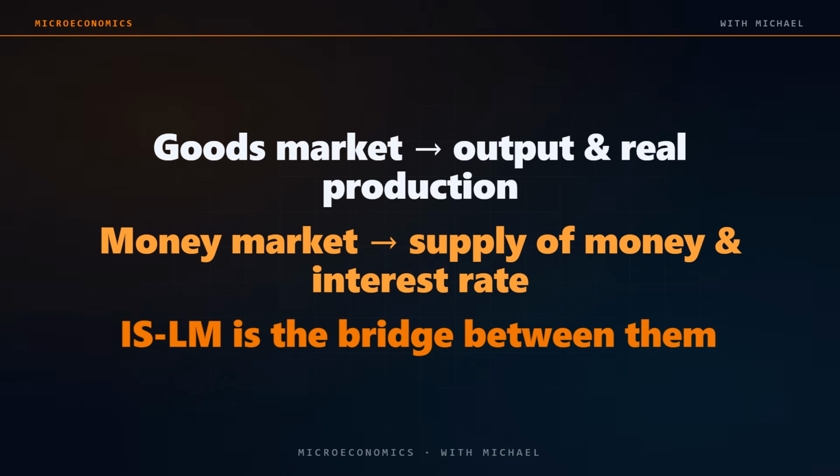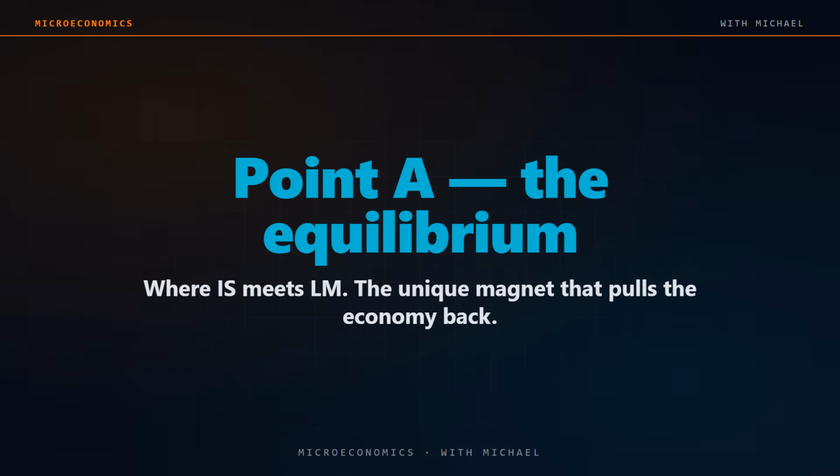Understanding the answer is the key to understanding macroeconomic stability, and it is the foundation of all monetary and fiscal policy analysis. Before we talk about how the system corrects itself, we need to understand what equilibrium looks like in the first place. So let's get familiar with the equilibrium point in the ISLM world. Look at point A in the graph. Just imagine this is the sweet spot of the economy, a kind of magnet that always attracts the system back toward it.